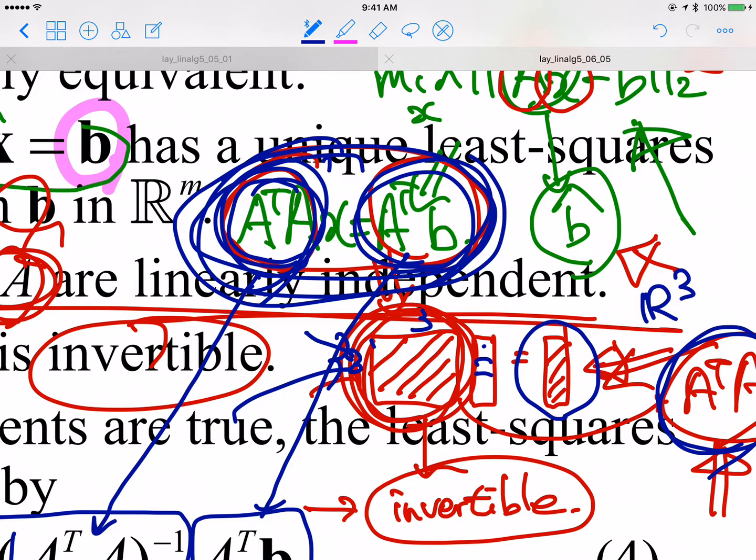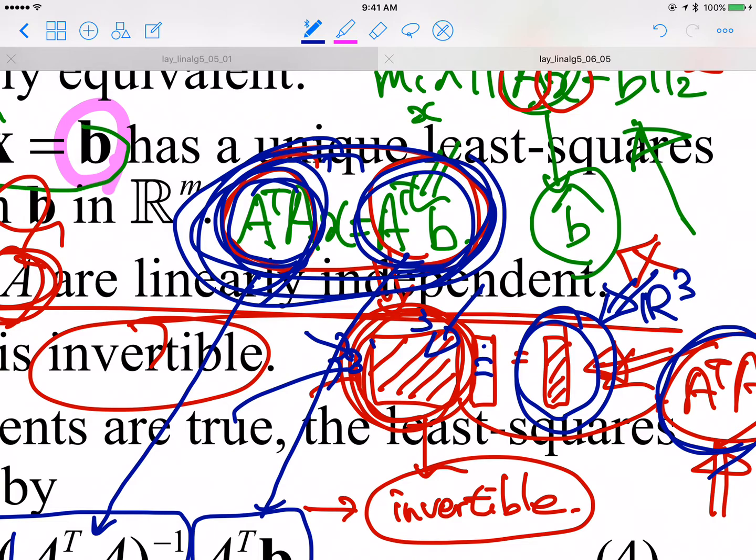But the fact is that the least square problem should always have at least one solution. This linear system should always have at least one solution, which means this vector is always inside the column space of this matrix, even when the columns are linearly dependent.